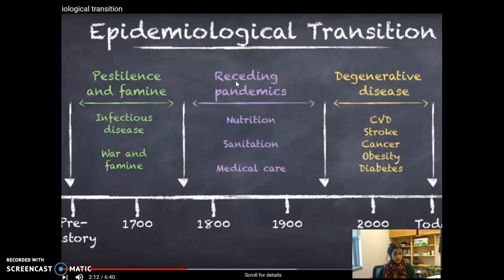If you forgot about our friend from University of Edinburgh, there's a few reminders here of the age of pestilence and famine, the first part of the epidemiological transition. So there's infectious disease, war, famine, quite a bit till the mid 1700s, receding pandemics, nutrition, sanitation issues, less medical care, and then the next transitionary period, which is non-communicable.